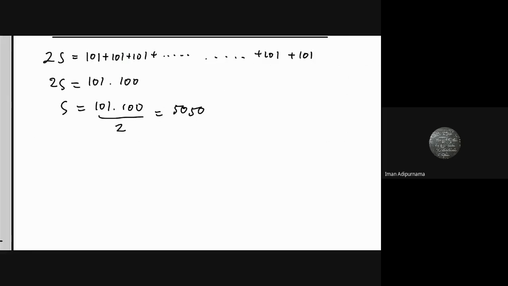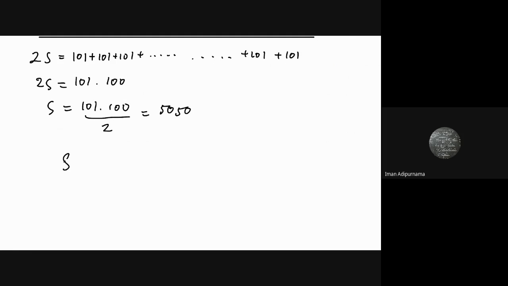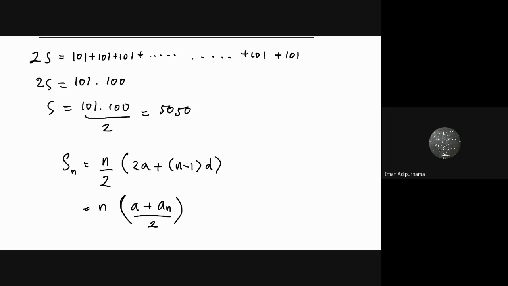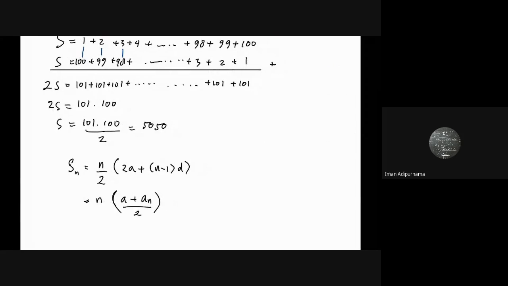So we can call this sum Sn, which is n over 2 multiplied by 2a plus n minus 1 d. Or we can write it as n over 2 times a plus an. So that is the arithmetic sequence.